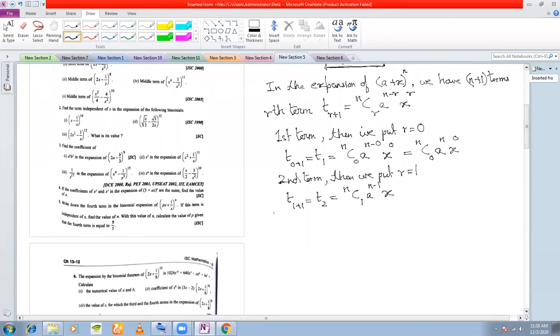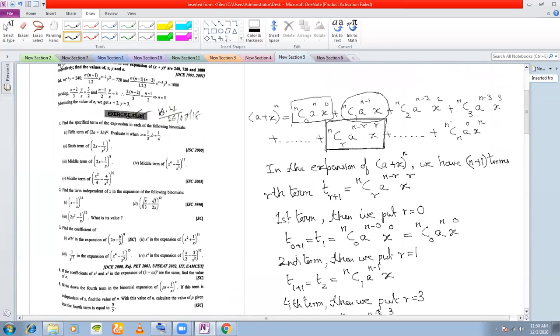Similarly, if you want to find out the fourth term, then we put r = 3. So you get T(3+1) = T4 = nC3 a^(n-3) x^3. See, we are getting the fourth term here.